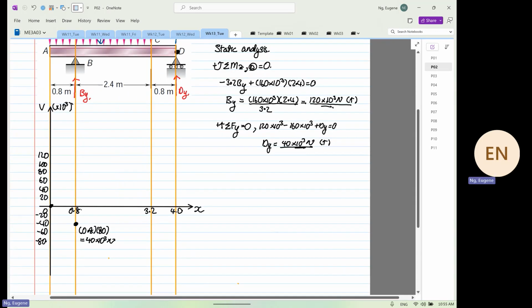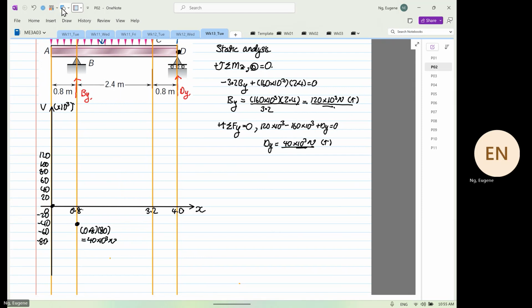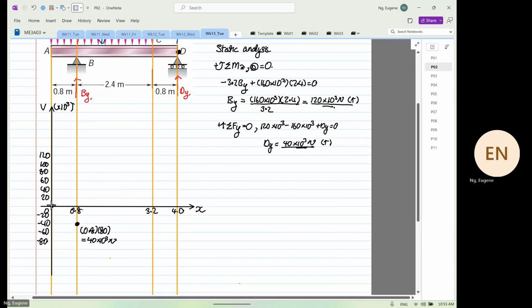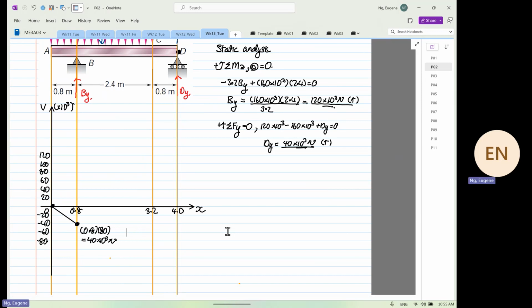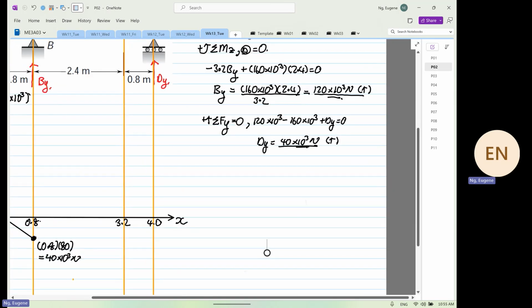Okay, so it's linear. So we know that over here we have 40 times 10 to the power 3, right? Now this is 0.8 times 50. Why is it 0.8 times 50? I'm going to do some things to help you recall.